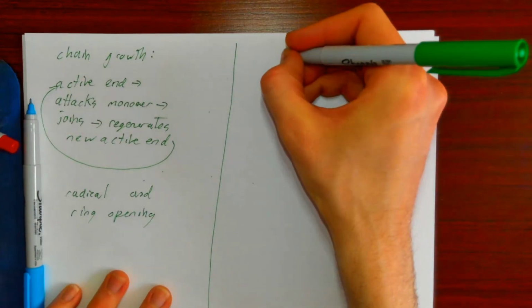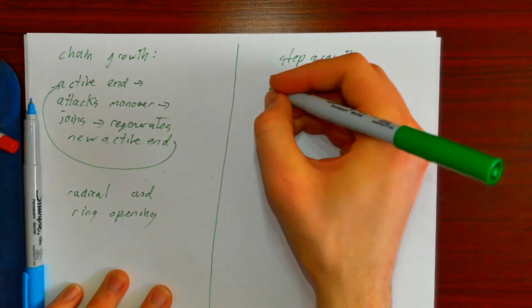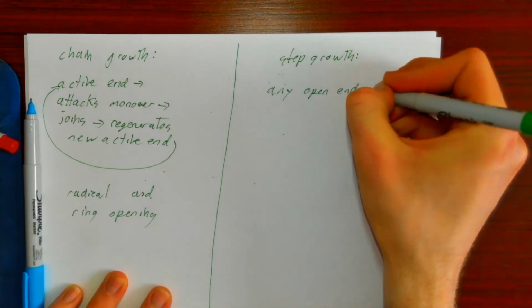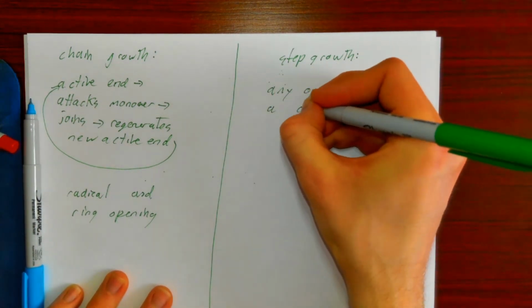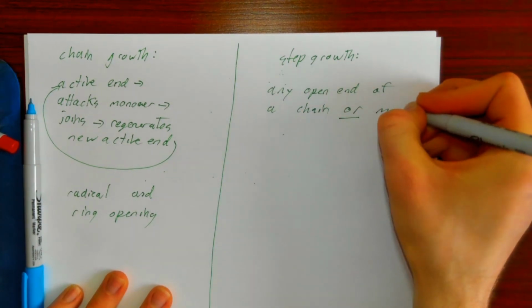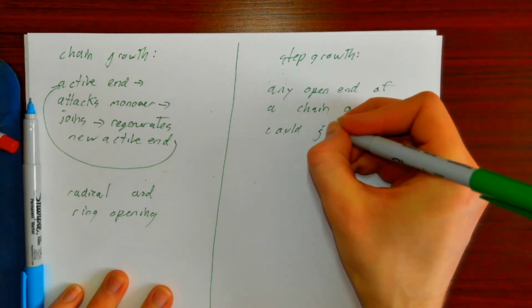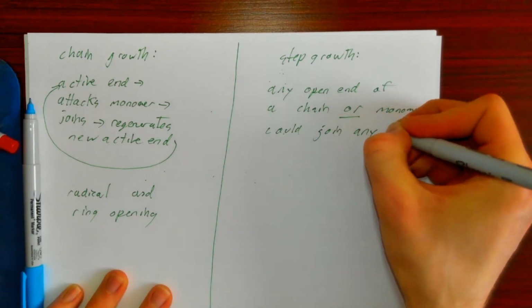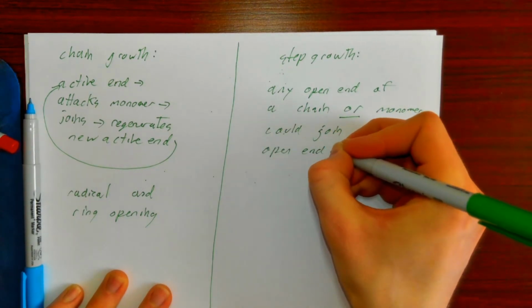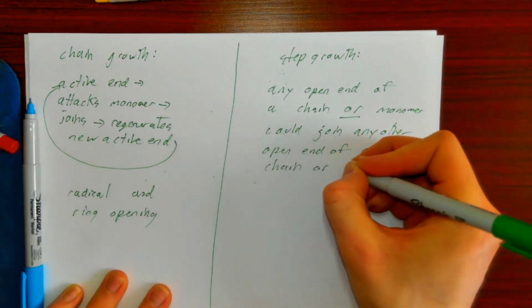Let's now contrast that with step growth, where any open end of a chain or monomer could join any other open end of any chain or monomer.